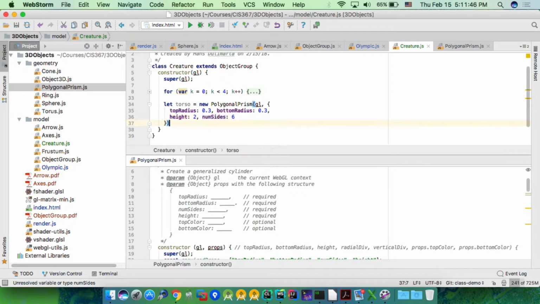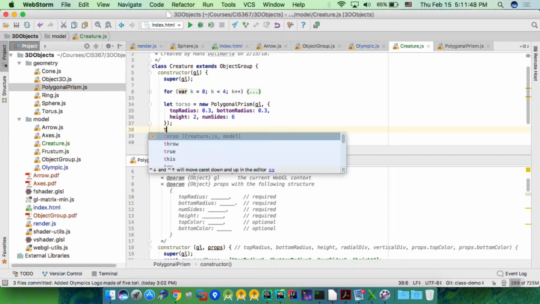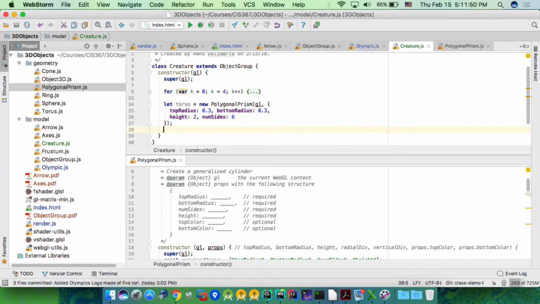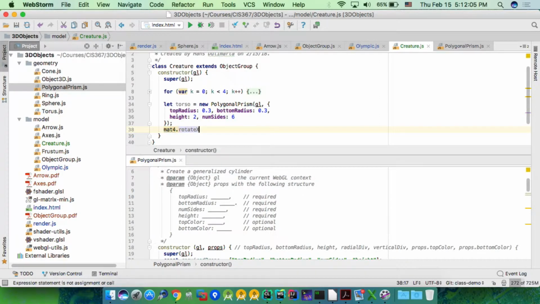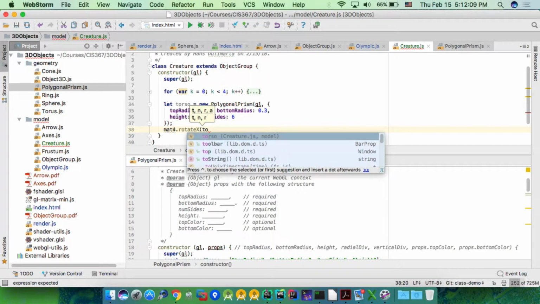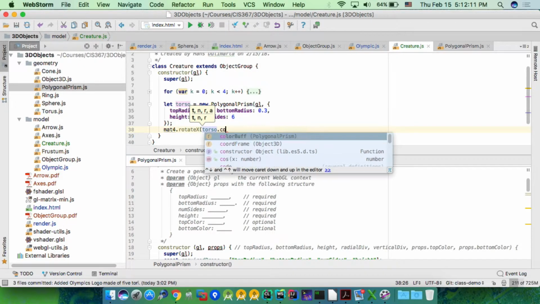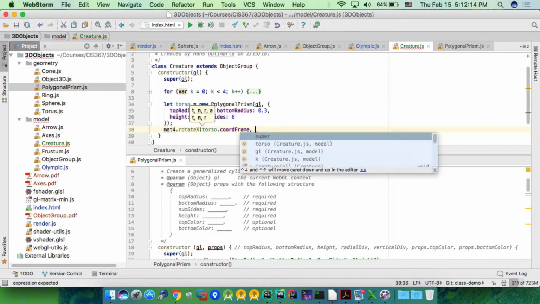Okay, so you have the torso built, and then you need to apply the transformation, right? So the first thing that I'm going to do is math rotate. Rotate around which axis? X. So I'm going to update torso coordinate frame. Torso coordinate frame.